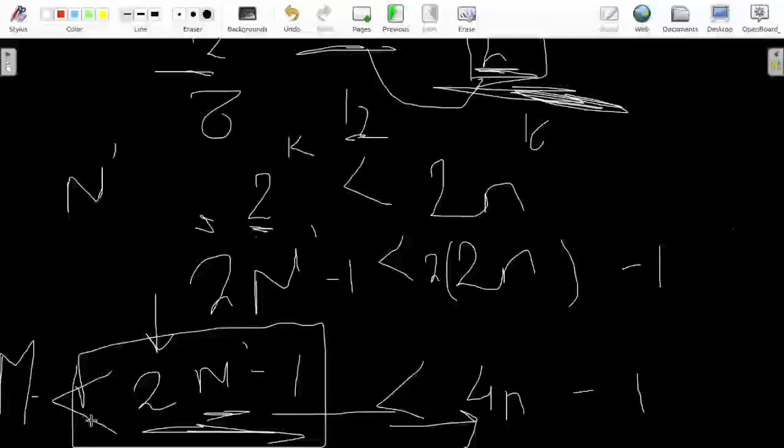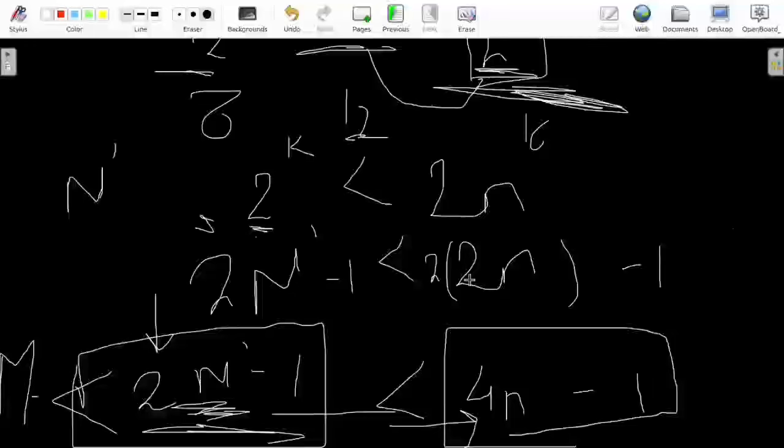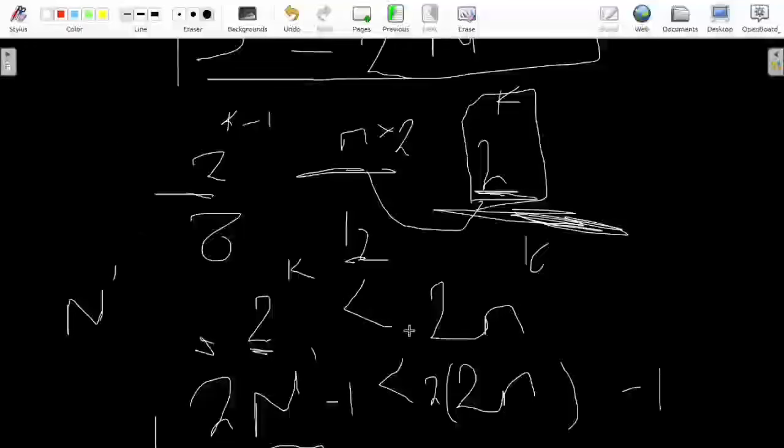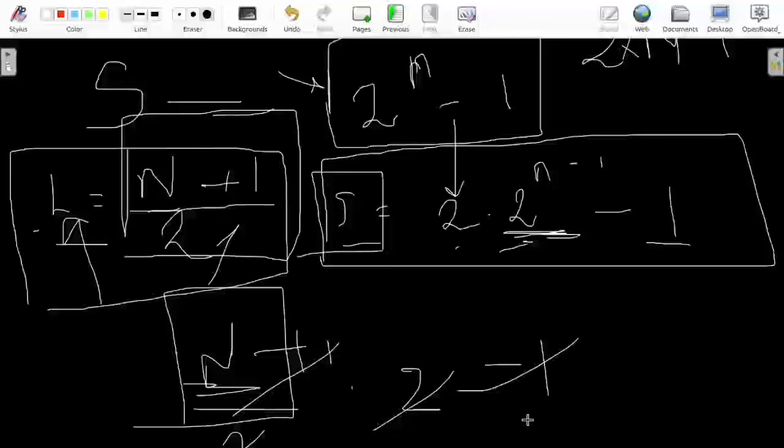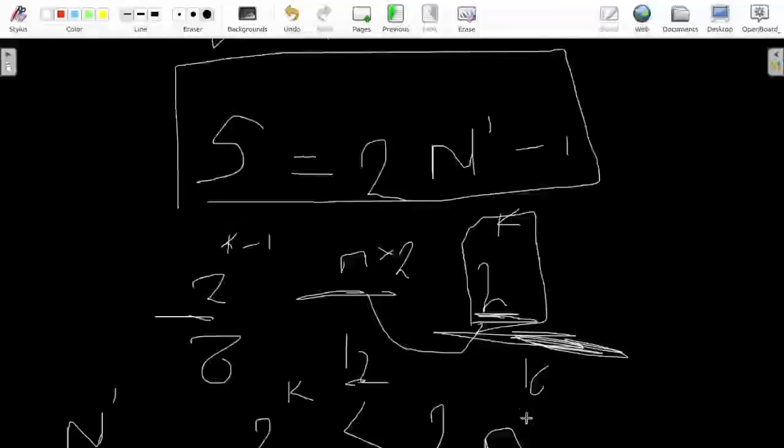And tell me one thing, this 2 times n dash minus 1 is less than 4n minus 1. We have derived this equation from here. And what is this n? This n is nothing but the size of our current array.